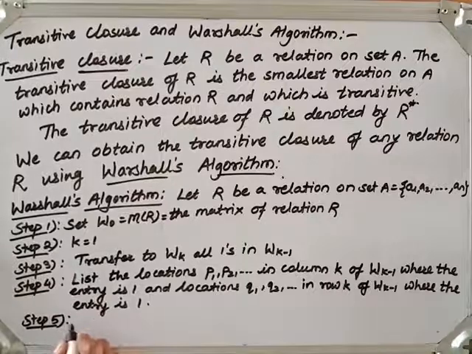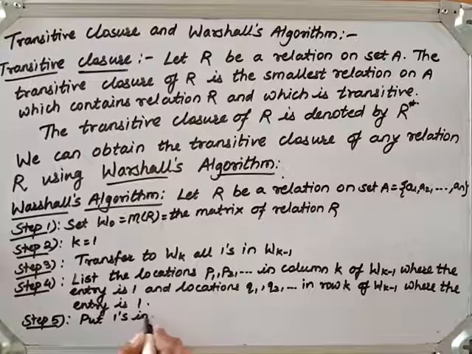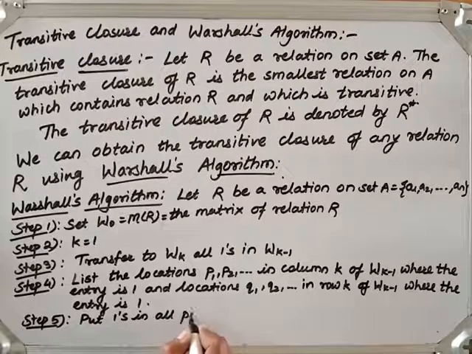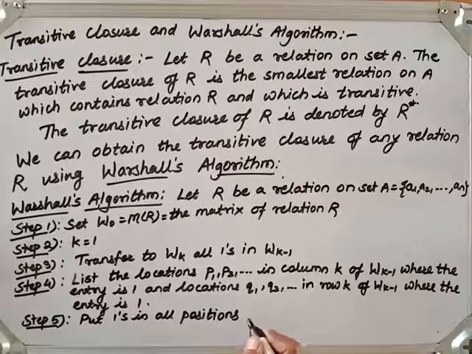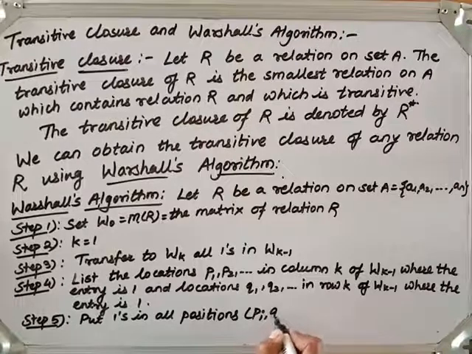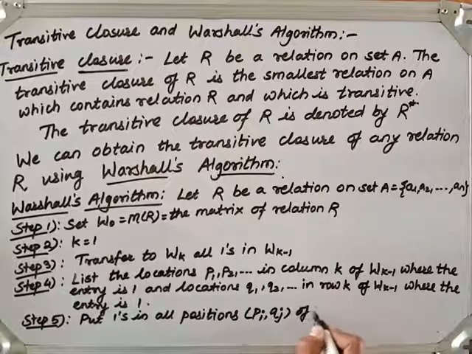Step 5 says put ones in all positions Pi, Qj of WK.